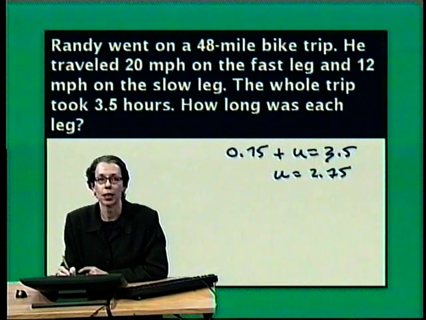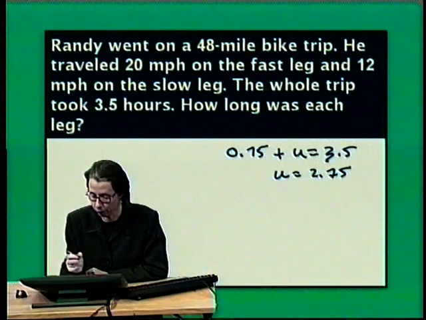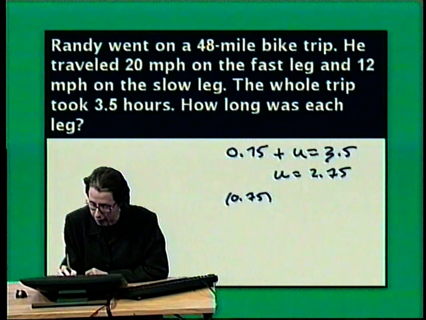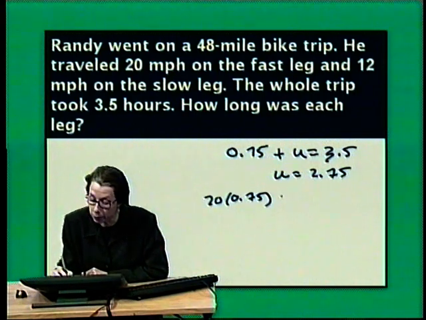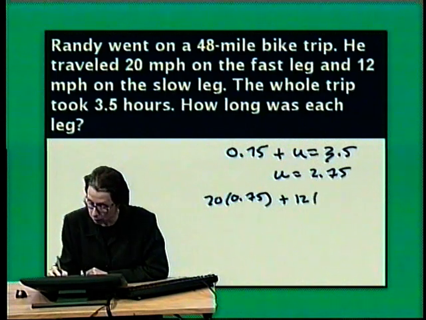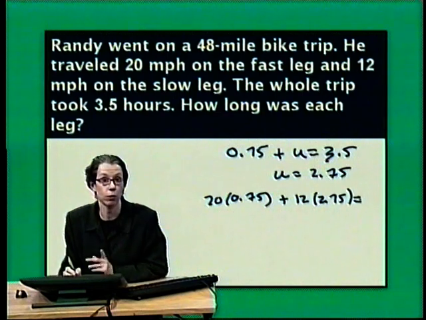Now I need to check, and I want to check in the context of the problem. So I want to make sure that Randy did indeed go 48 miles. So if I take 3/4 of an hour and multiply that by 20 miles per hour, that would be the distance of the fast leg, and add to that the 12 miles per hour times the duration of the slow leg, this should equal 48.